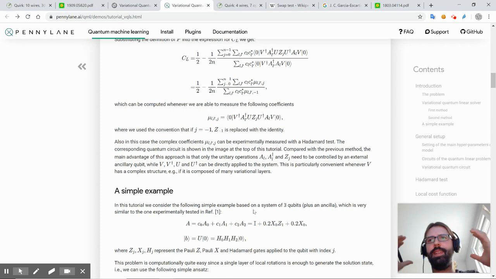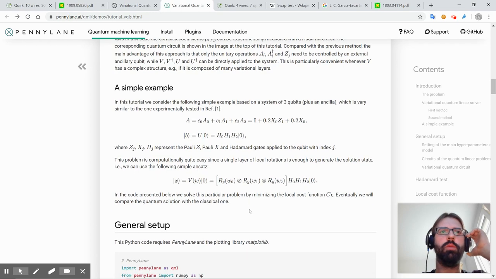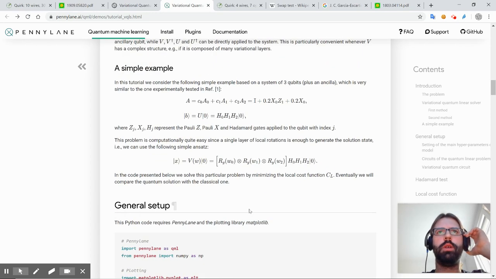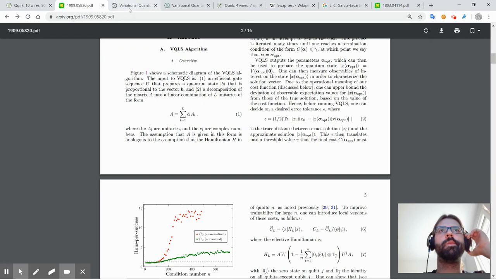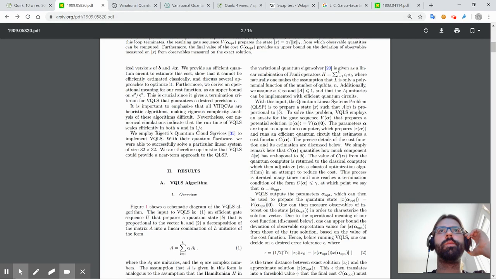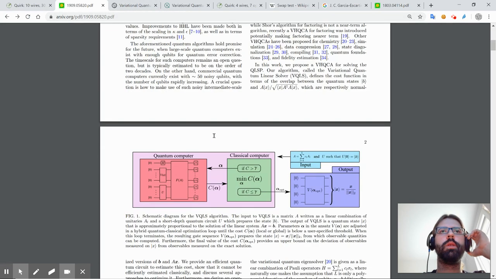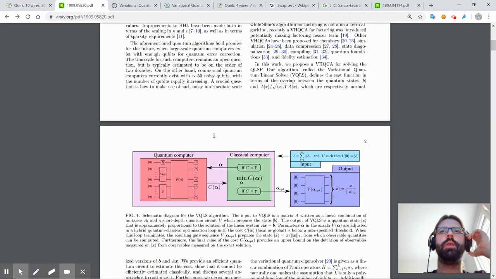Like, I understand the idea generally, but I feel I'm missing one level of detail to feel comfortable that I want to move on with this. So we're having a cost.